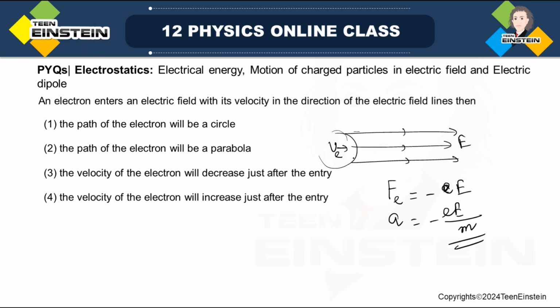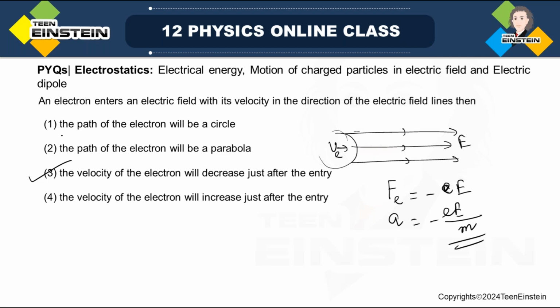So this electron was having an initial speed or initial velocity, but when it enters the region and starts moving in the same direction as the electric field, the field will actually provide a retardation to the electron. And as you know, if you apply retardation, the velocity of the electron will decrease just after entry. So option 3 will be the correct answer for this question.